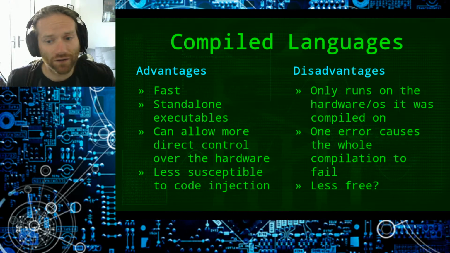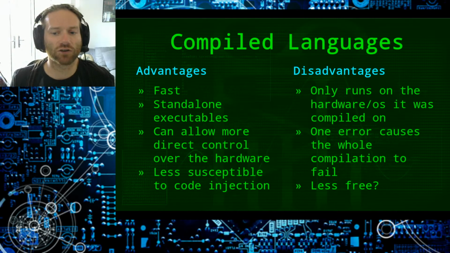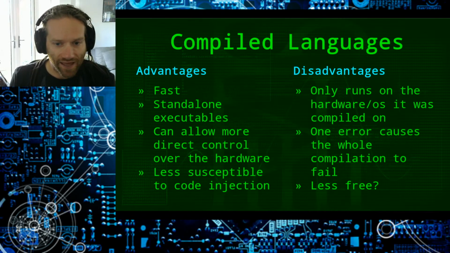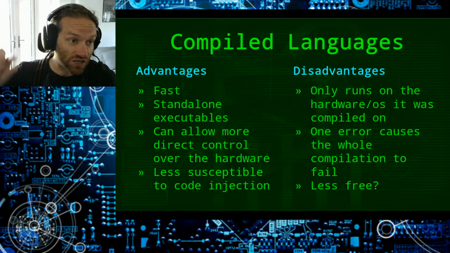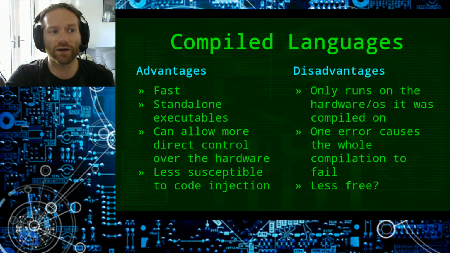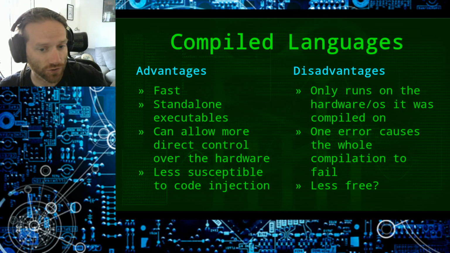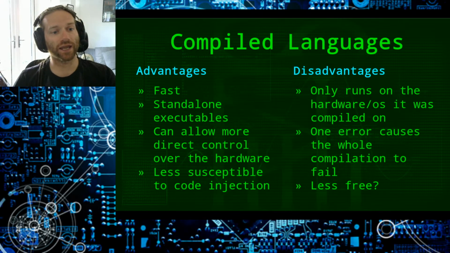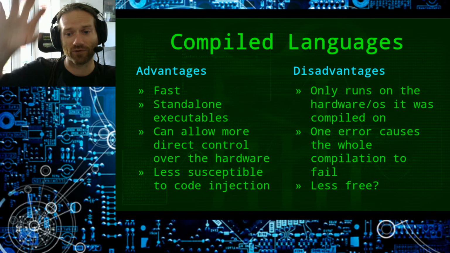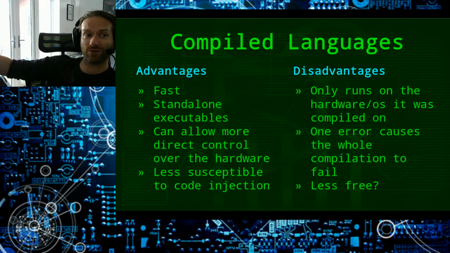Some compiled languages can allow more direct control over the hardware, and what I mean there is, in theory, you can directly access things like video memory and store things directly into video memory, whereas with an interpreter you wouldn't be able to do that, because what you are doing is you're saying to the interpreter, can you do this for me? And then the interpreter is saying to the operating system, I wouldn't mind doing this if that's all right.